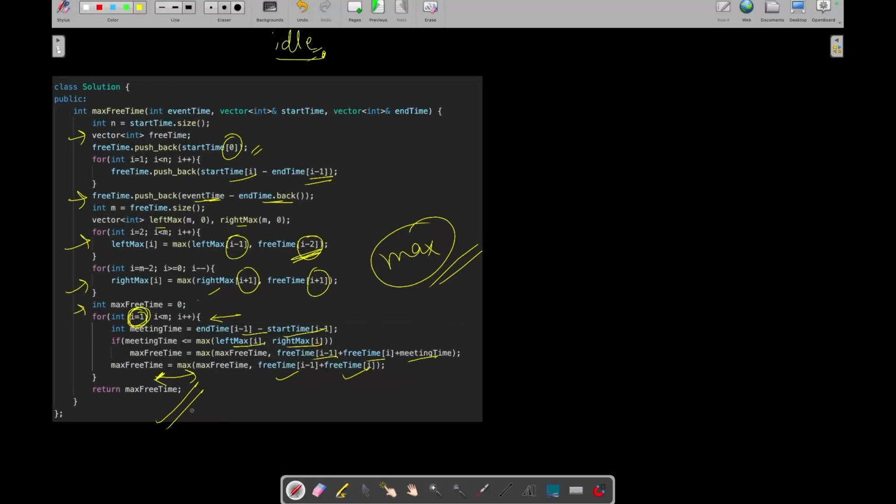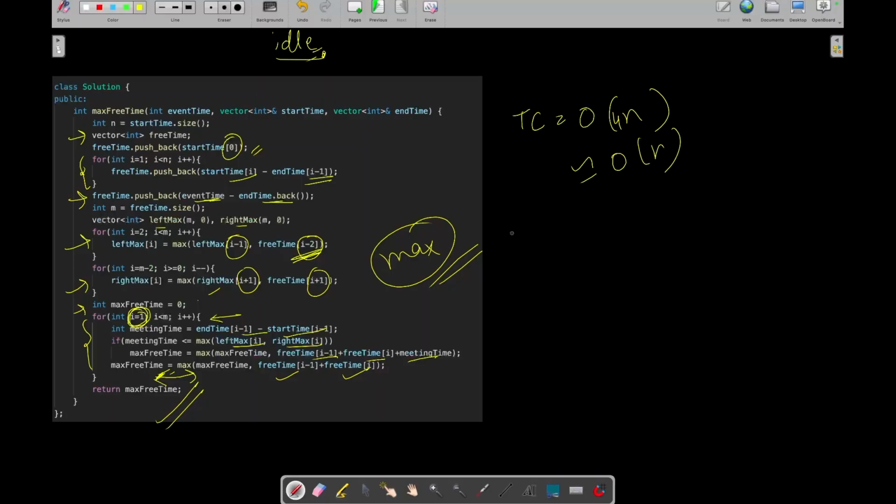Okay, so let's talk about its time and space complexities as well. Its time complexity is O of n, as we are creating the free time, then the left max, then the right max, and then iterating again to calculate the maximum free time. So overall we are doing 4 iterations, so its time complexity will be big O of 4n, or big O of n.